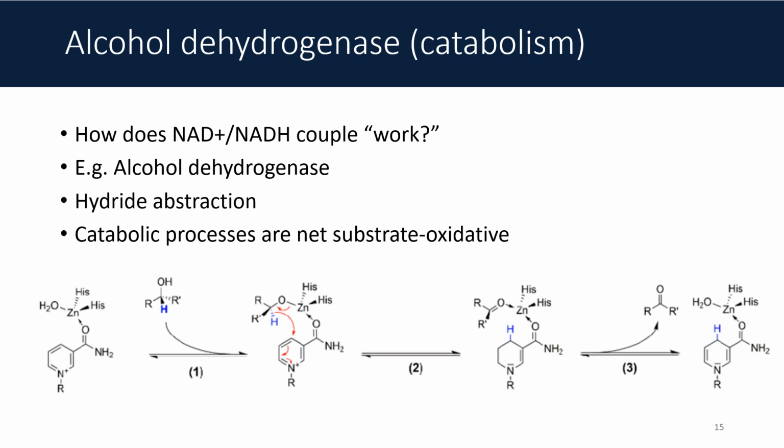How does this NAD+/NADH couple work in serving its goal of extracting out electrons? Alcohol dehydrogenase is a good example that shows how this couple works in real life. Ethanol is actually extremely poisonous, but the enzyme alcohol dehydrogenase very quickly detoxifies ethanol into the less toxic acetaldehyde through a process called hydride abstraction.